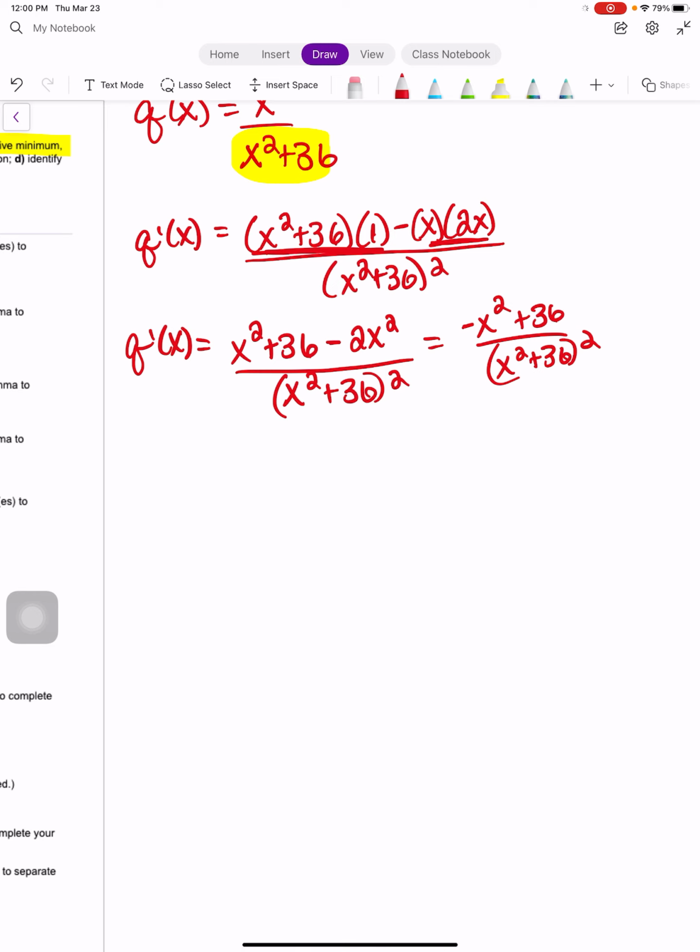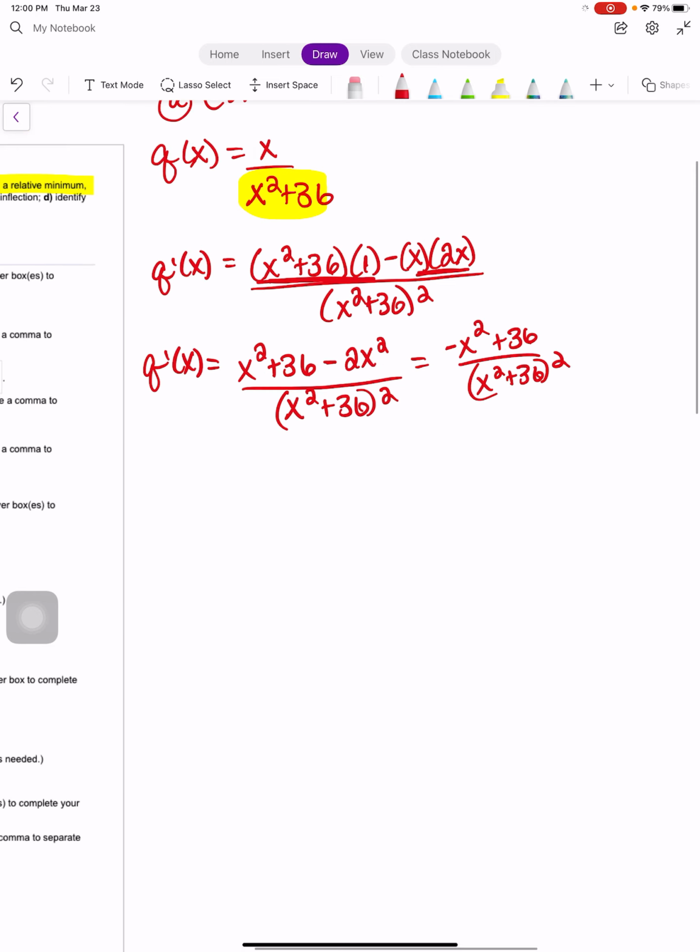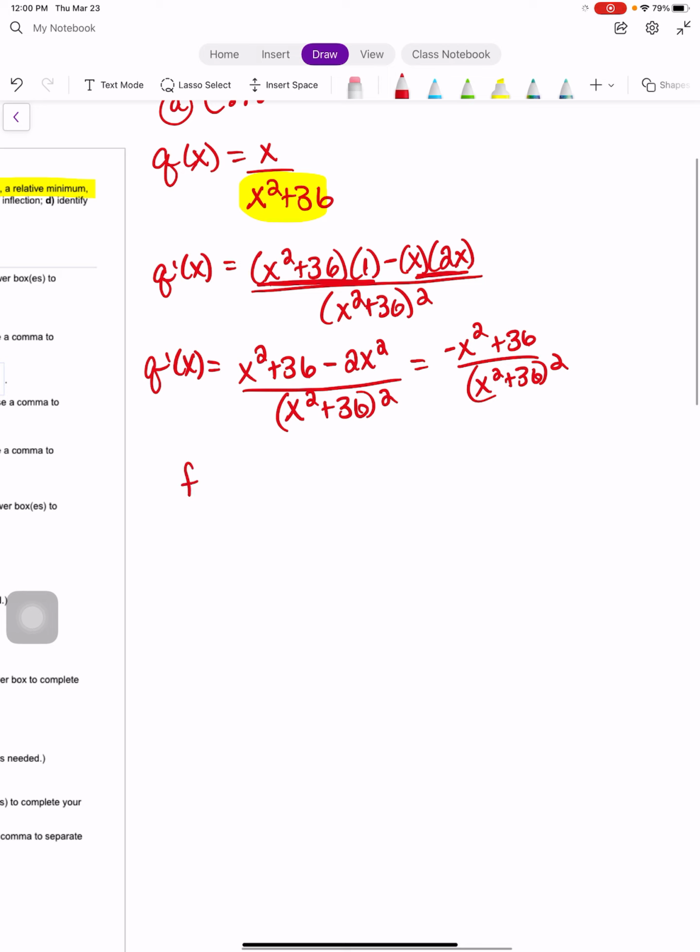And the way we find our critical points is by determining where our derivative is equal to 0 and where that q of x, or q prime of x, does not exist.